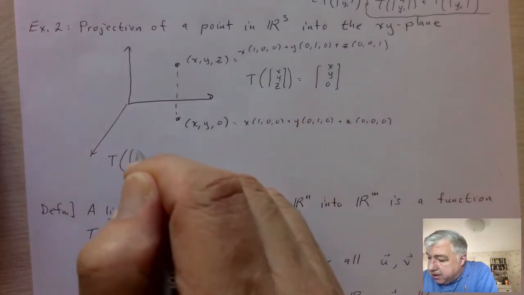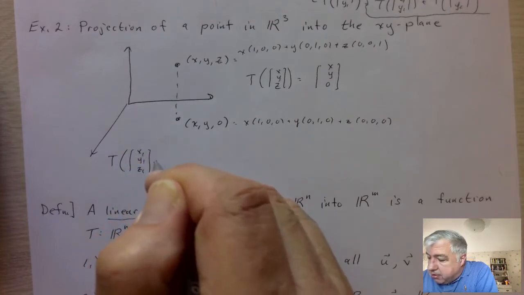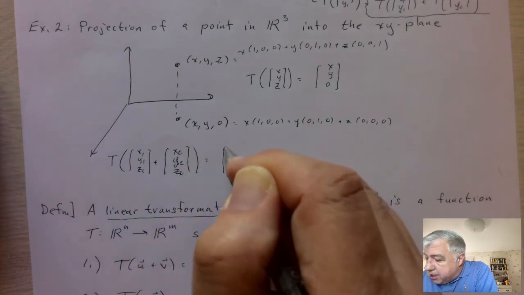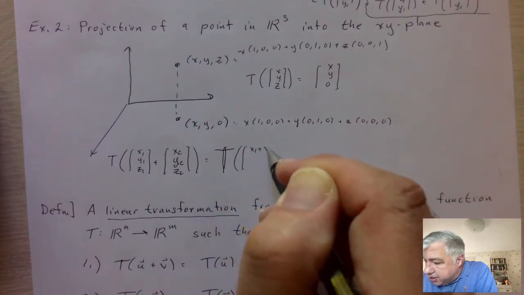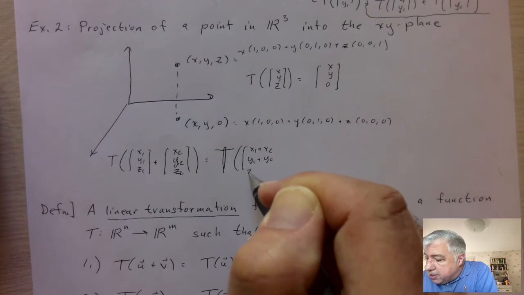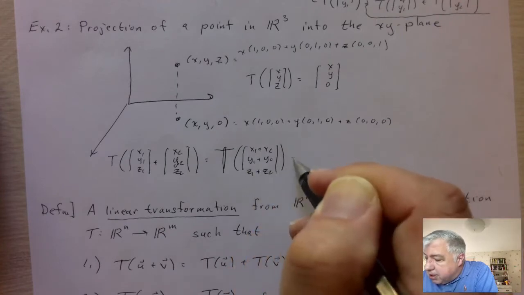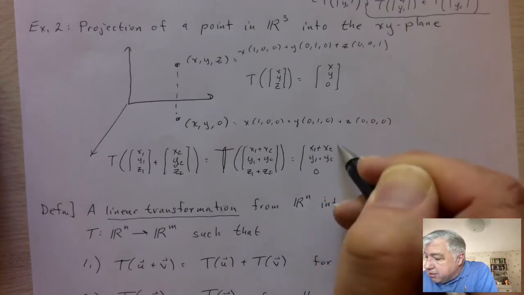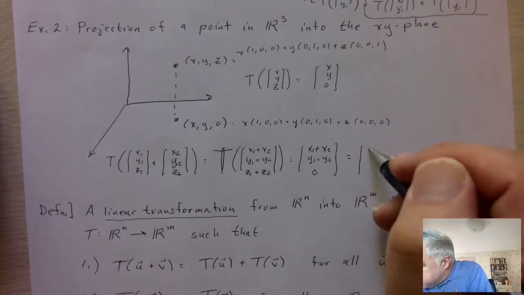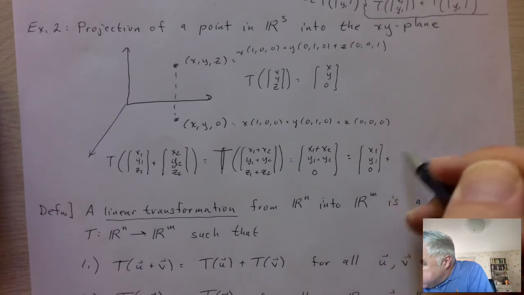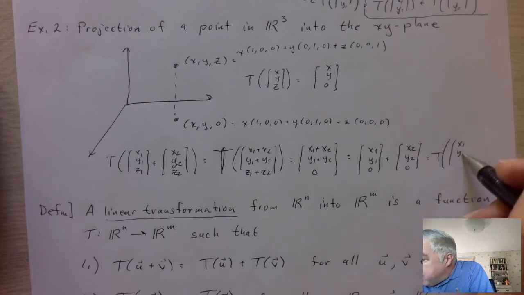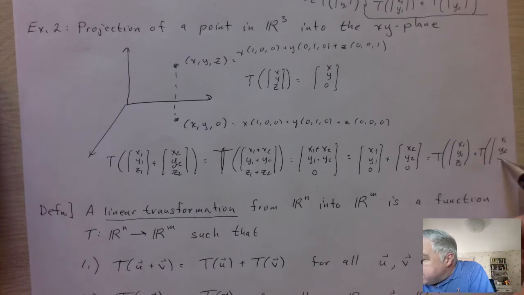If we take T of (x1, y1, z1) plus (x2, y2, z2), this will be T of (x1 plus x2, y1 plus y2, z1 plus z2), and this is just going to be (x1 plus x2, y1 plus y2, 0), which is (x1, y1, 0) plus (x2, y2, 0), which is T of (x1, y1, z1) plus T of (x2, y2, z2).